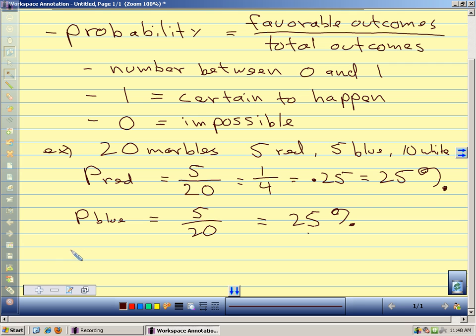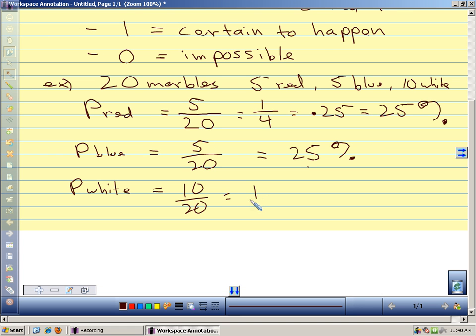How about the probability of a white? 10 out of 20, which is 1/2, or 50%. We have a 50% chance of picking out a white marble. So that's how we figure out probability in a situation like this. Favorable outcomes divided by the total outcomes. Turn it into a fraction or a percentage or a decimal.